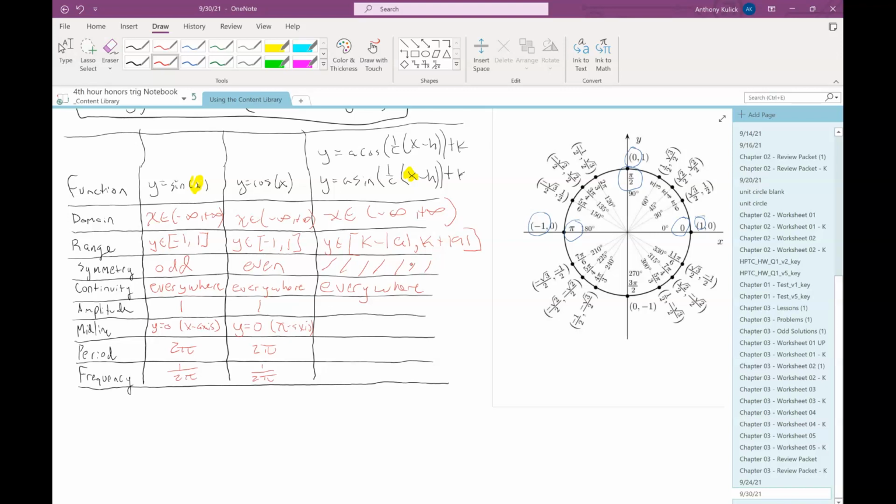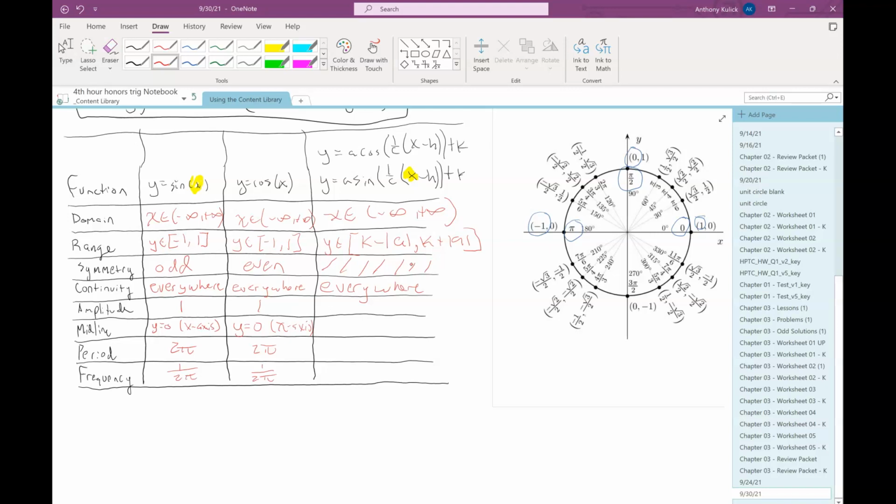Okay. Amplitude, is a transformation going to change this? Yes, potentially, right? It can. Which of A, C, H, or K is going to change the amplitude? A. The A, right? It's going to get taller. That'll create more space in between the midline and it. Everybody agree?